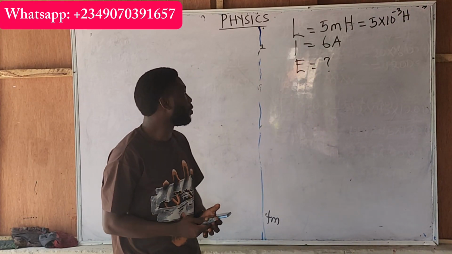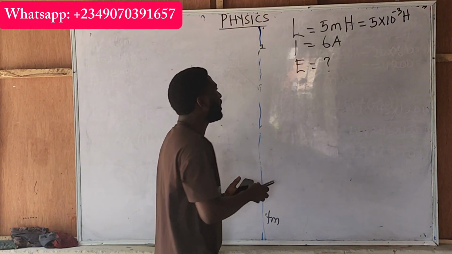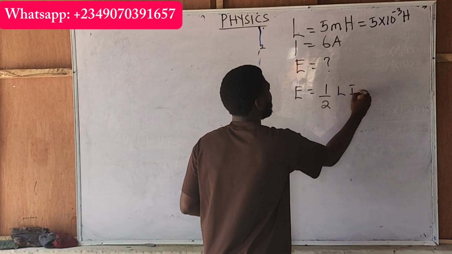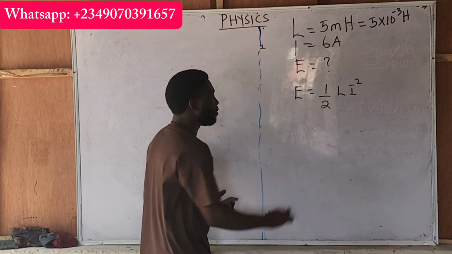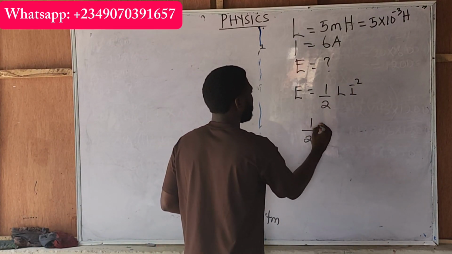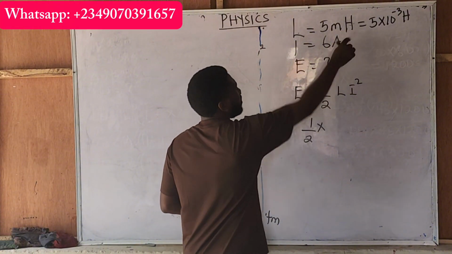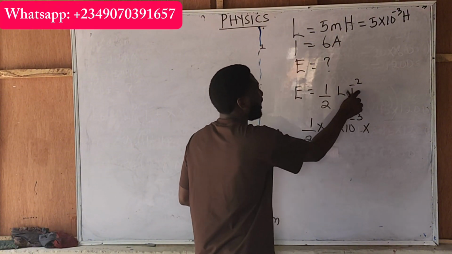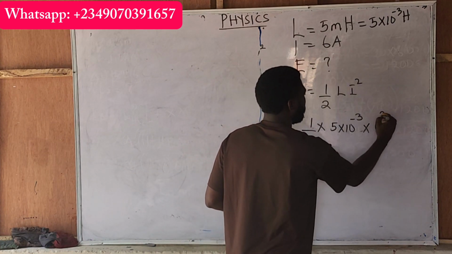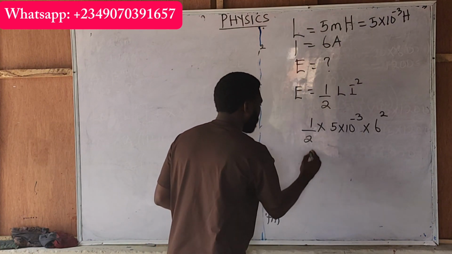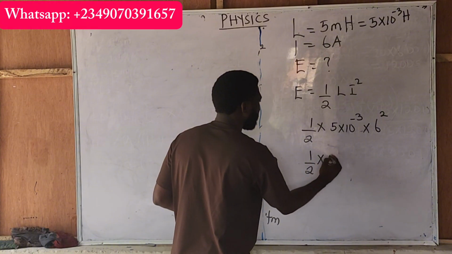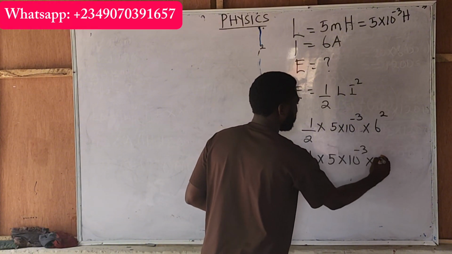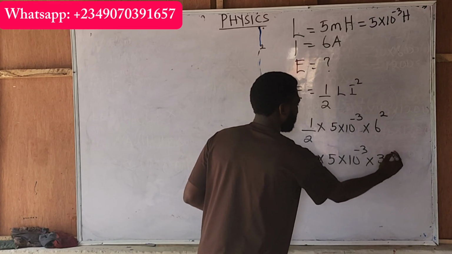That's the meaning. So now to get the energy, we have 1 over 2 L I squared. So this will give us 1 over 2 multiplied by L, which is 5 times 10 to the power of minus 3, then multiplied by I, which is 6, all squared. 6 squared gives us 36.